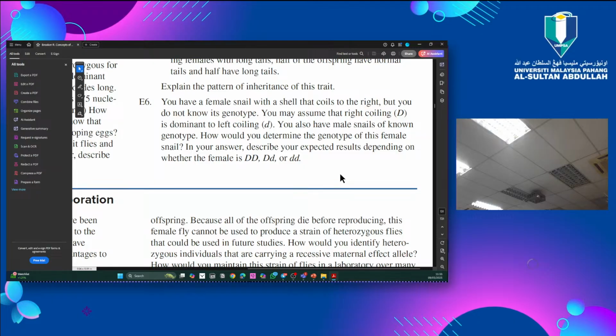Coiling to the right means it's either D. So that is what we know so far. Expected result, it depends, so give your assumption whether your male of known genotype is either DD or Dd.